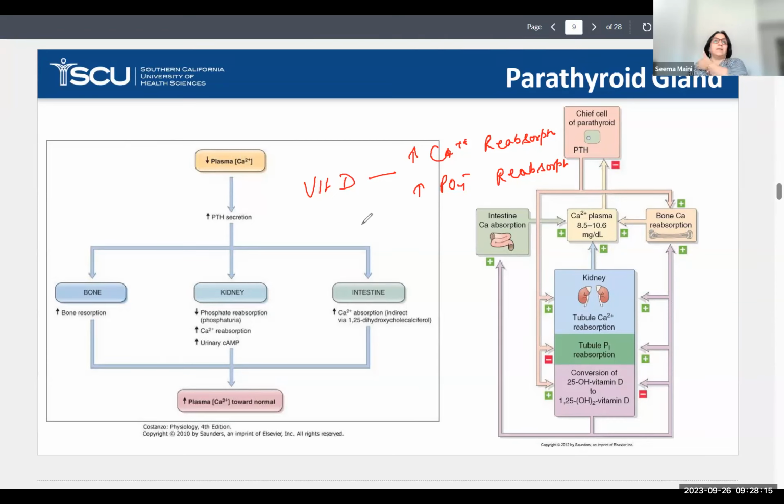But if a person has an increased level of parathyroid hormone, bone health is going to suffer, because parathyroid hormone is going to leach out calcium ions, and it is going to remove phosphate ions. So you need both calcium and phosphate for bone health. Make sense now? It is going to be clear, okay? Because we are going to talk more and more about calcium ions, and next week we are going to talk about bone physiology. So we are going to repeat these things, okay? All right.